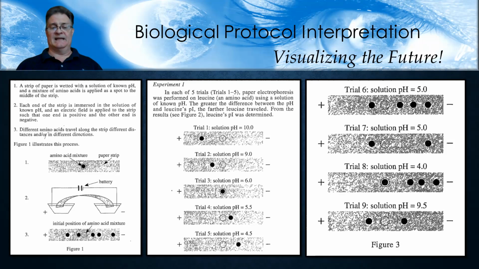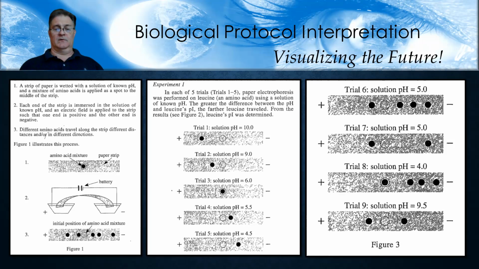The amino acid ends up in the middle of the paper where it was first placed. When that happens, that means there is no charge on the amino acid. And at that point, we have found the amino acid's isoelectric point, or what we call the pI. So the pI here would be 6 when we have a pH of 6.